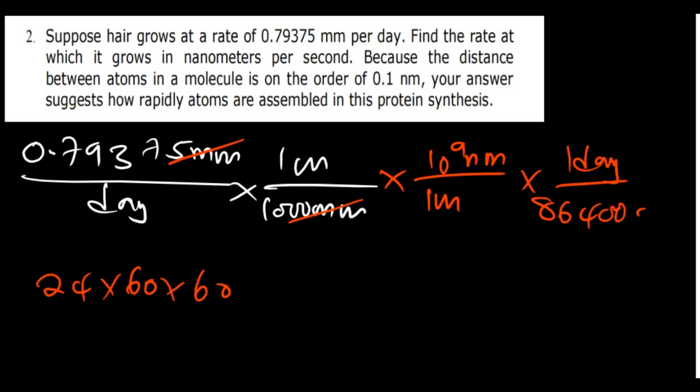So we have 86,400 seconds, meaning that we have now cancelled the meters. We'll also cancel the days. So we remain with the nanometer on top and the seconds down.